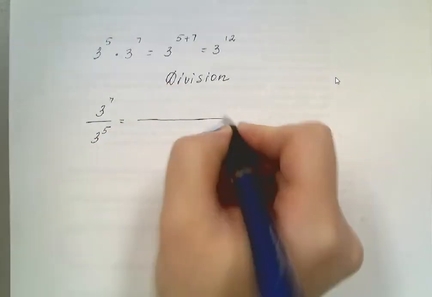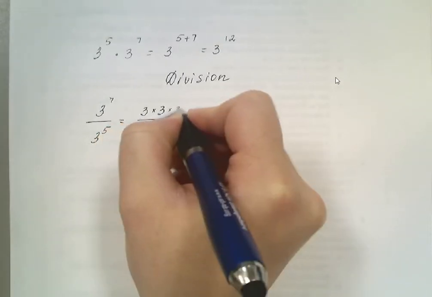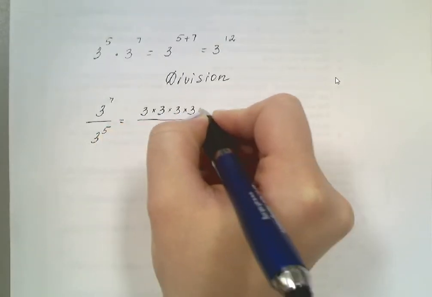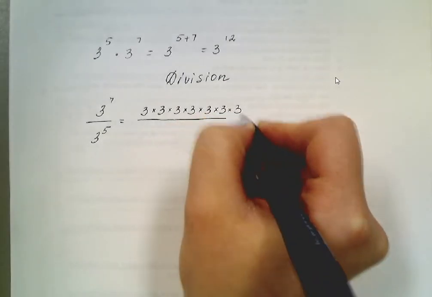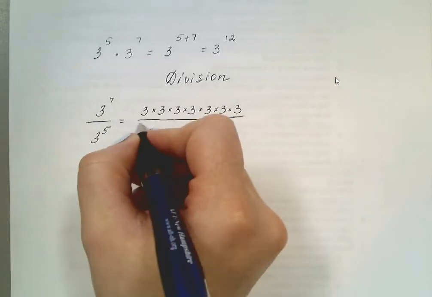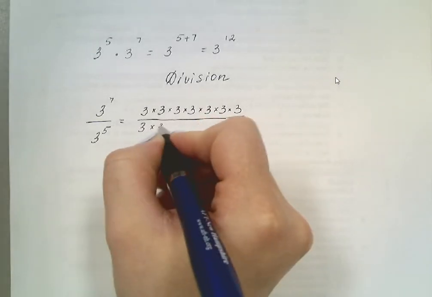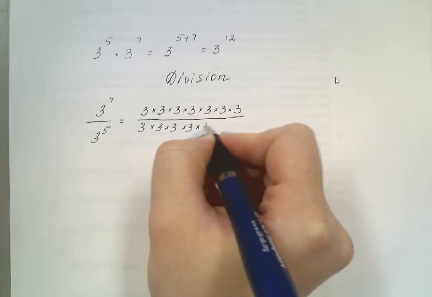So 3 to the 7th is 3 times 3 times 3 times 3 times 3 times 3 times 3. Okay, so this is 3 to the 7th. 3 to the 5th, 3 times 3 times 3 times 3 times 3.